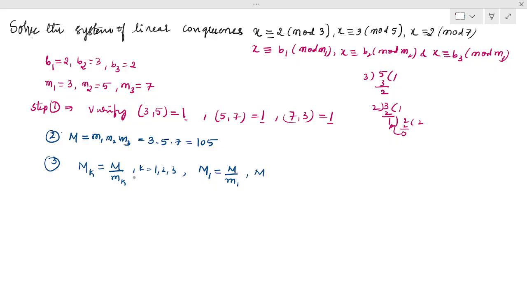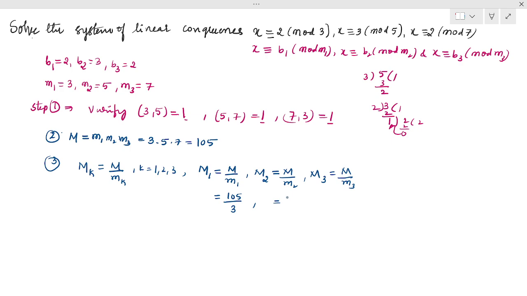And substitute k is equal to 2 here. M2 is equal to capital M divided by small m2. M3 is equal to capital M divided by small m3. So you can calculate. Capital M value is 105 divided by small m1, which is 3.